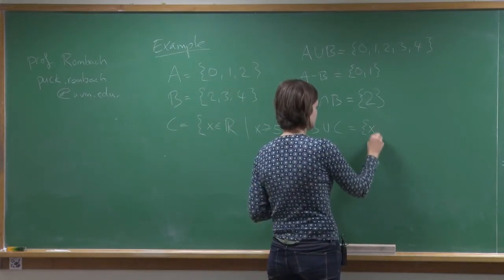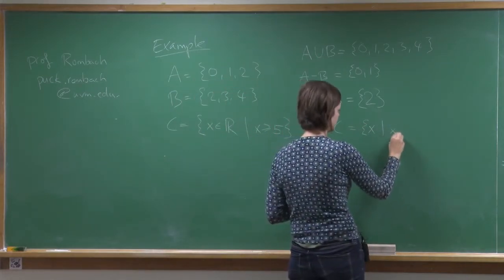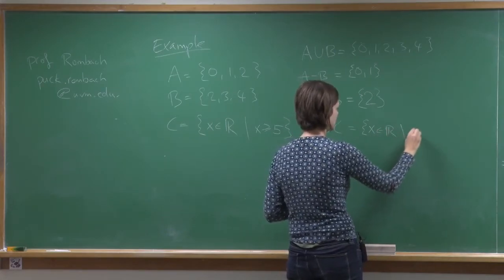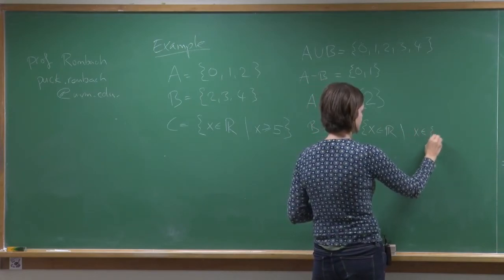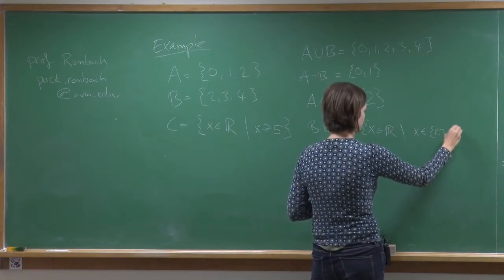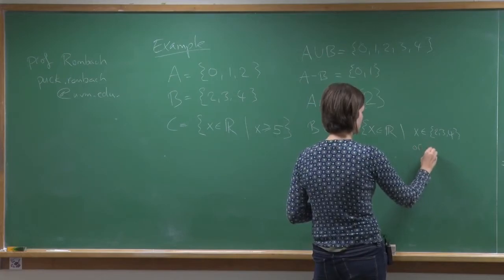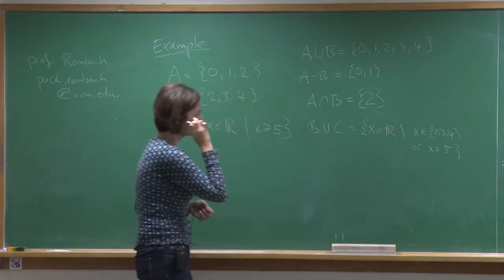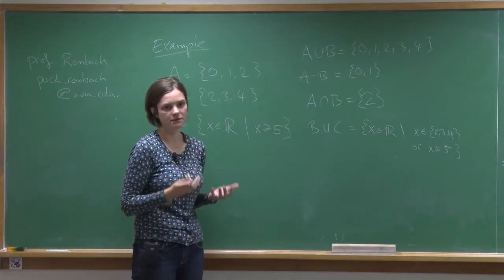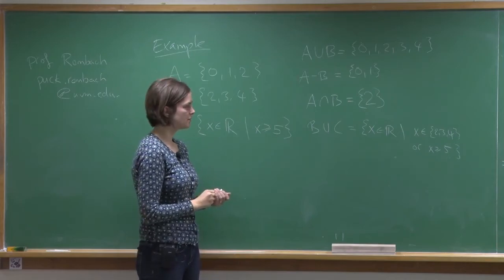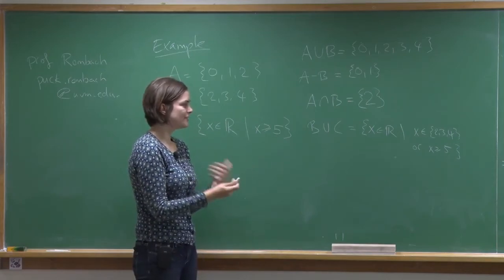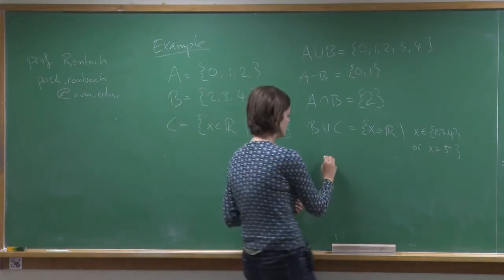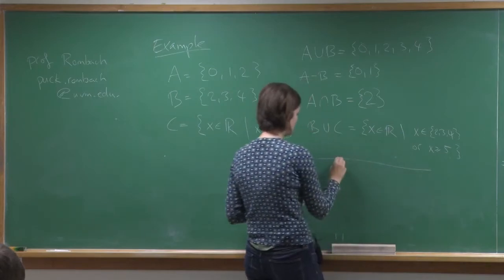This would be all the real numbers x such that either x is 2, 3, 4, or x is at least 5. But what I really wrote down there was just basically the definition of the union. There isn't really a more elegant way to write it, but that's okay. We don't have to have elegant ways to write down what a set is for it to be a set. But we could draw this on the number line.